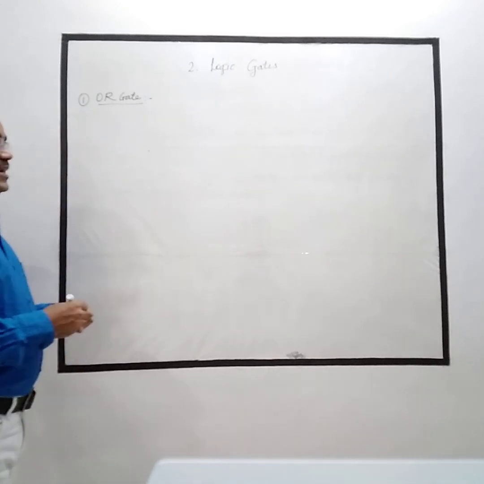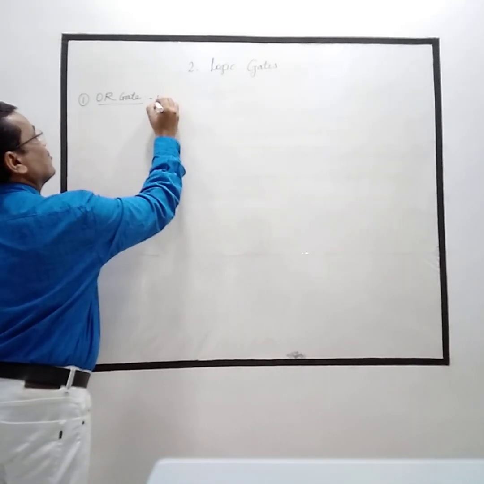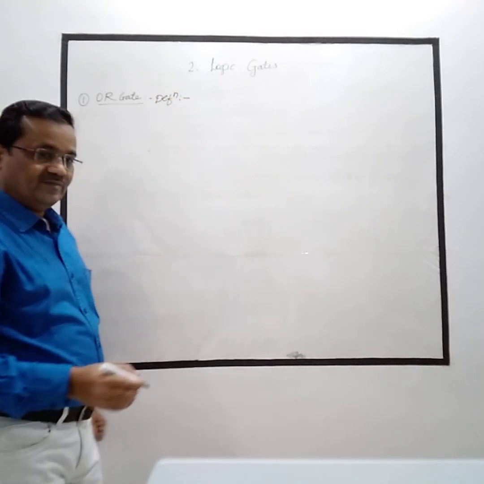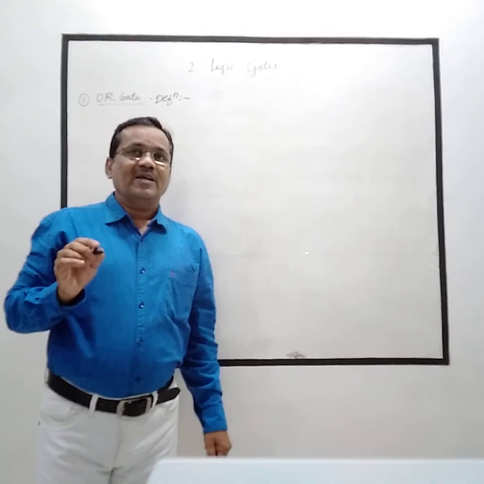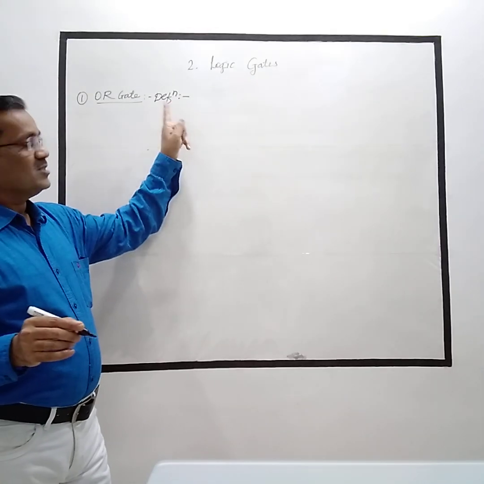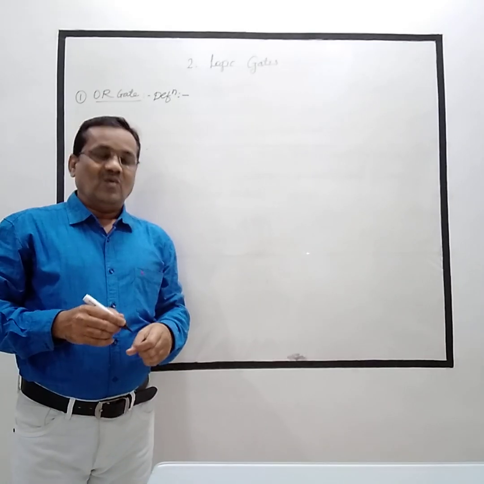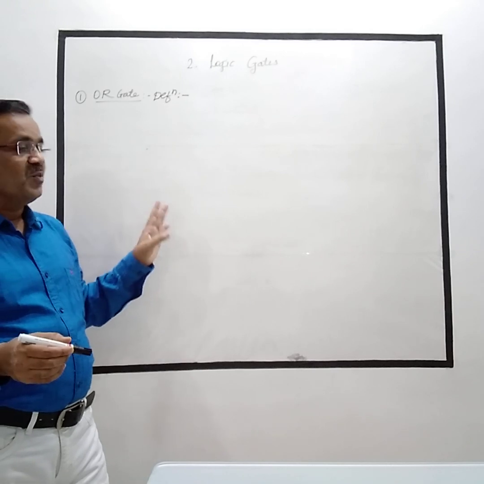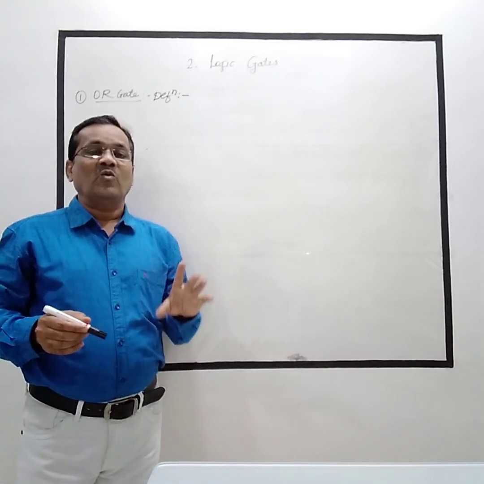So OR gate, its definition will be like this. OR gate is an electronic circuit which has two inputs or more than two inputs and having only one output.